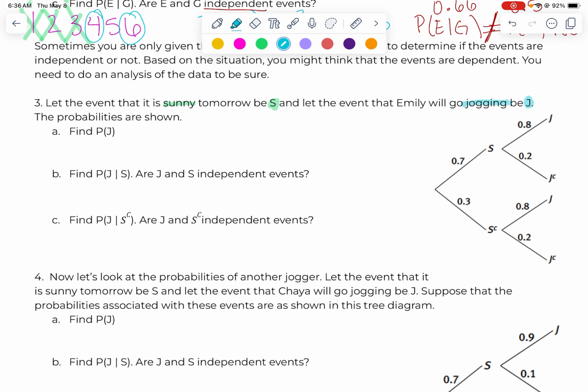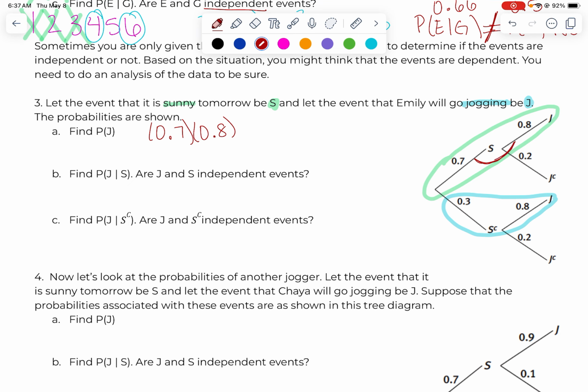So to find the probability of J, you are going to take your 2 pathways. So pathway 1 and pathway 2. To find the probability of J, you're going to take pathway 1, so the 0.7, and you're going to multiply it by 0.8. So you're going to multiply these two branches together.